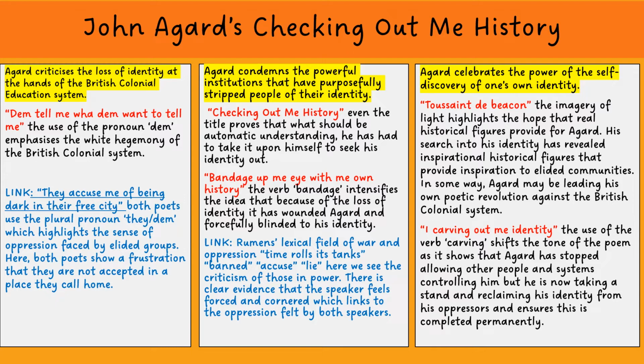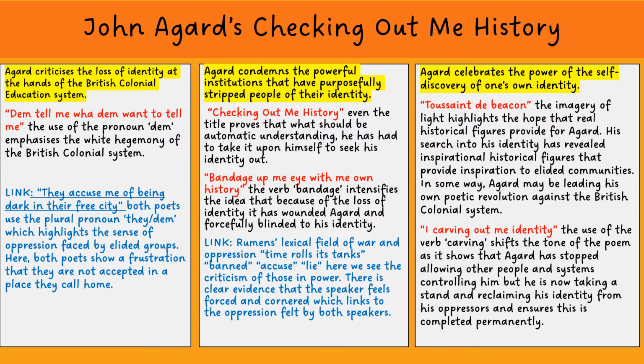And again, we've got a really lovely seamless link that we can make to "The Emigree", okay? Because we've got that clear sense of oppression in both poems. We've got, obviously, "dem tell me", "bandage", okay, phrases that really exhibit this oppression. And then we've got Rumens in her poem that uses the lexical field, and lexical just means word, okay, so she uses lots of words to do with ideas around war and oppression.